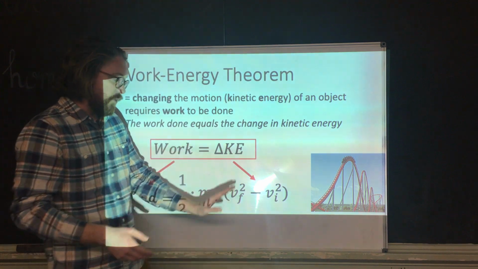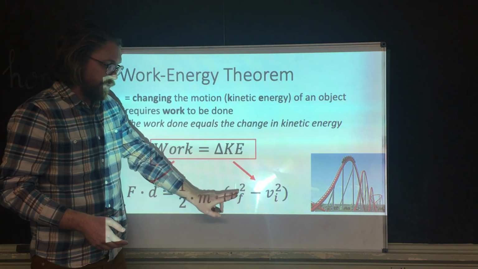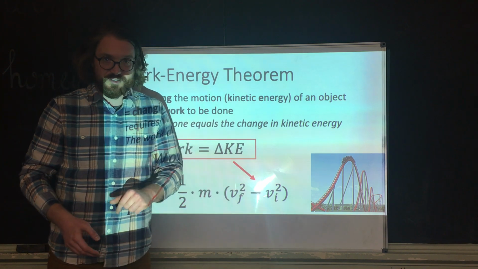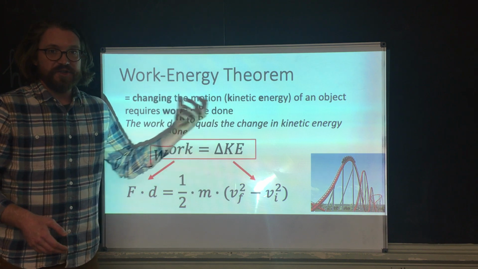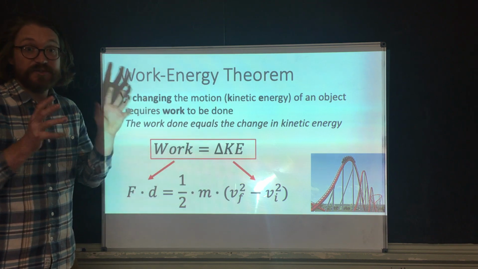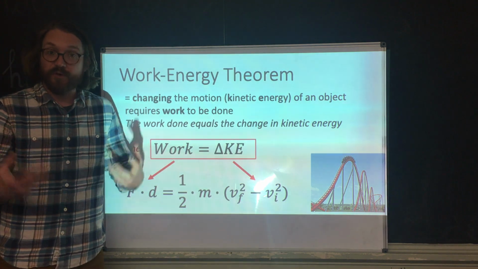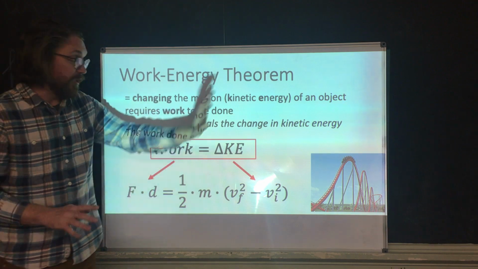All of these equations, it's always final minus initial. But these velocities are squared, so it's final velocity squared minus initial velocity squared, okay? Whenever you have a change in kinetic energy, work has to be done. You have to use force to either speed up or slow down the object, right? Forces cause acceleration, okay?